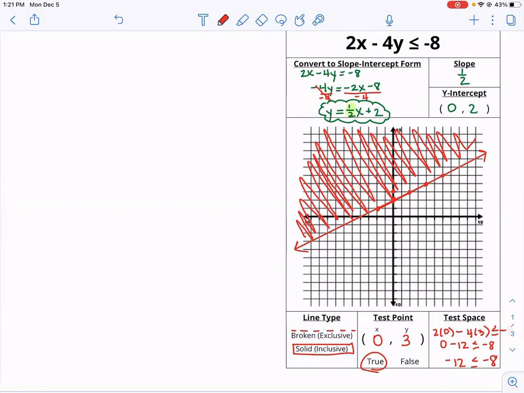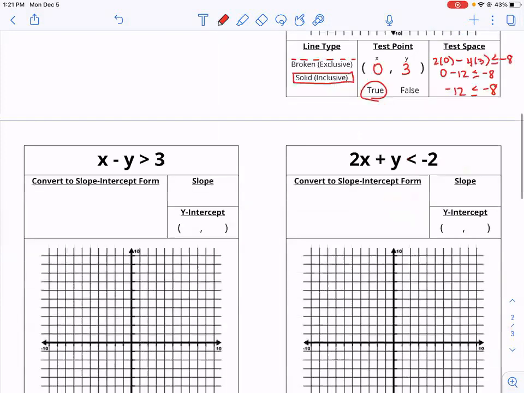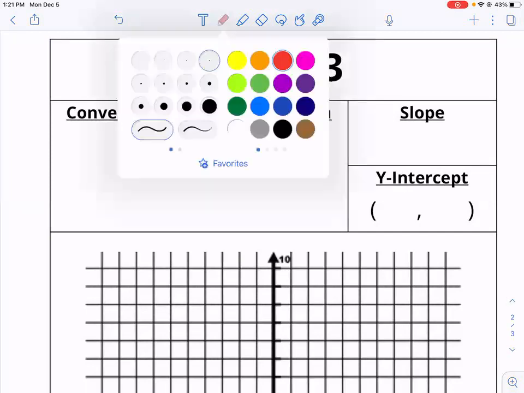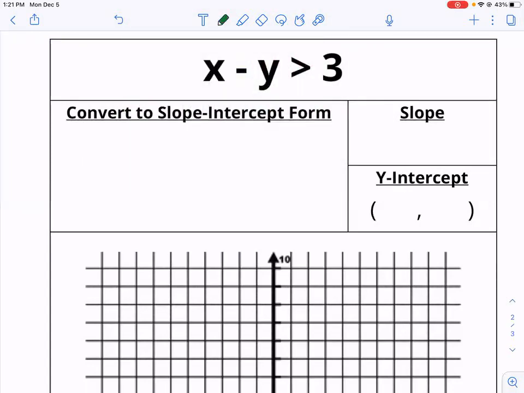Okay, so let's go ahead and open up our book. We're gonna do the second example here. So here we go.